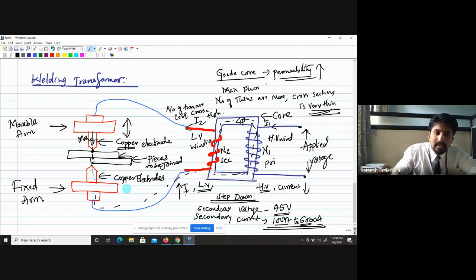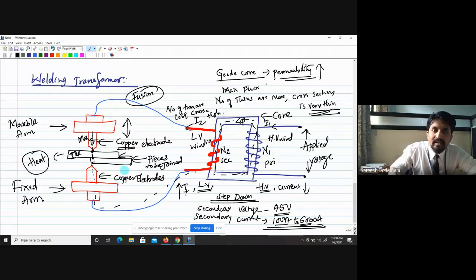When this happens, due to the opposition created by this metal, I square R loss takes place. This I square R loss is nothing but heat. As it is in the form of heat, definitely this metal comes to the fusion point, that is, the melting point.